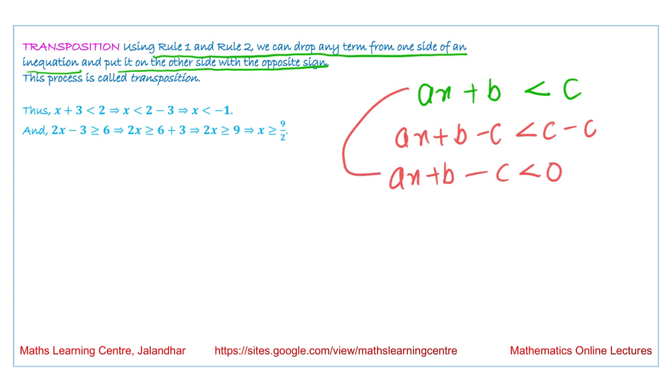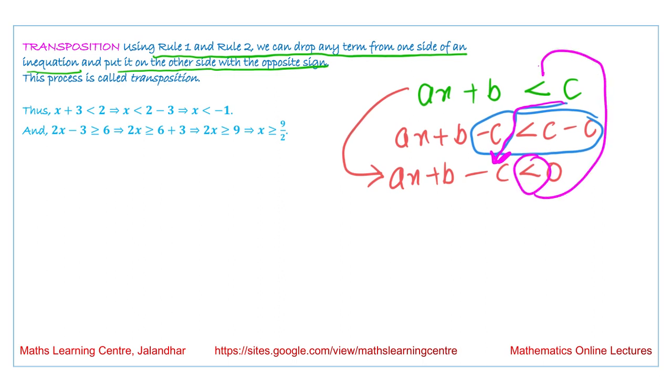In place of saying that we are subtracting c on both sides, we say that we have done the transposition of c, that we have shifted this c from this side of the inequality to the other side, and the sign of inequality will remain unchanged. This is called transposition.